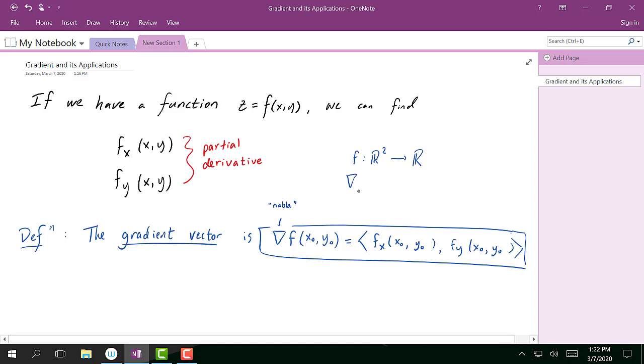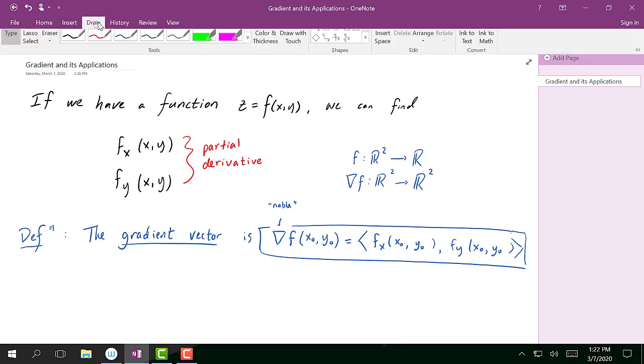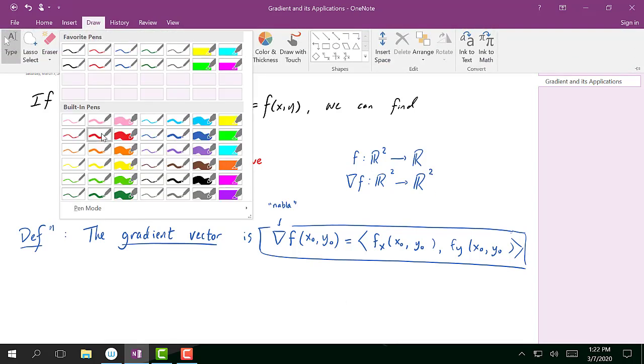But my gradient has the same inputs, right? They have two inputs x and y, or in this case specifically x naught and y naught. But my output is going to be a vector, in particular a vector in two-dimensional space, so I'm going to get R2. So this is something to note that's different between our original function and the gradient function.